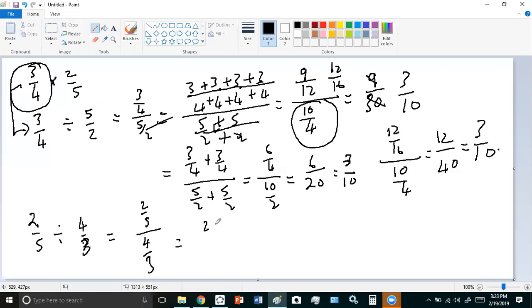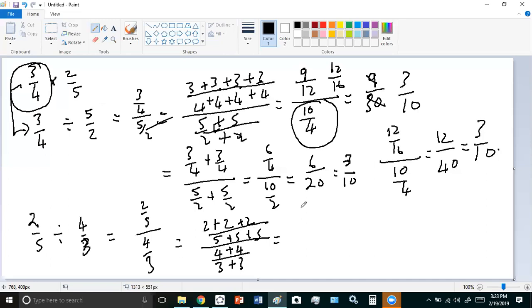And it doesn't matter how many times you do it. Let's say about 3 times on the top like that. And 5 plus 5 plus 5 is actually just 5 times 3. And again on the bottom, 4 plus 4, let's say over 3 plus 3.